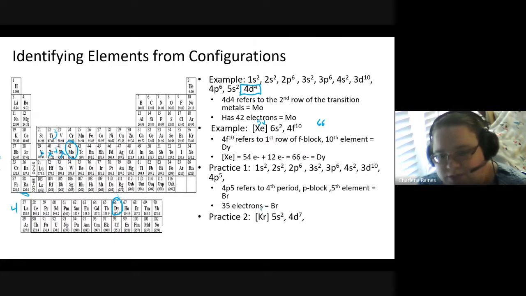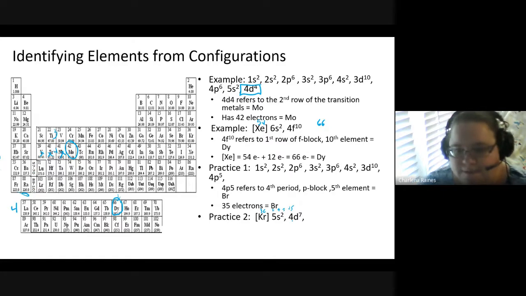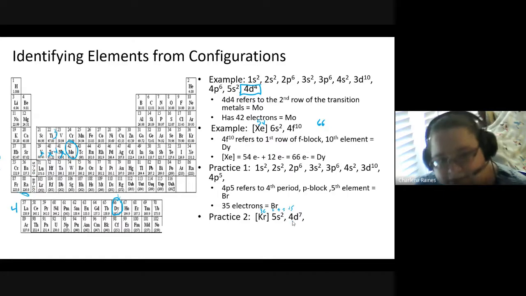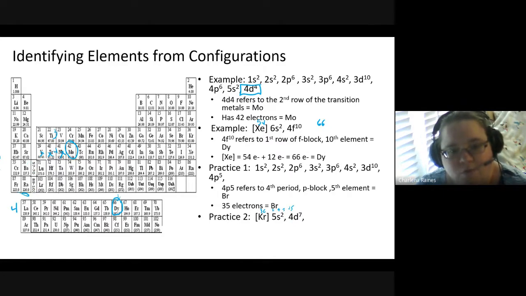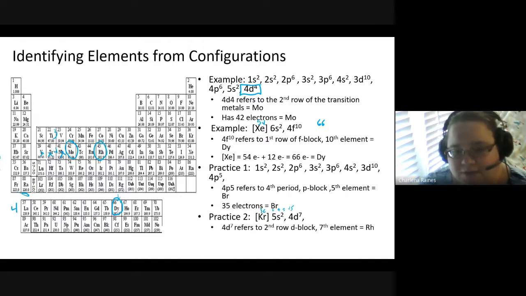So krypton is 36. 36 plus 9 gives me 45. So 4D7 is referring to element number 45, Rh. I believe it's ruthenium. Nope, rhodium. Wrong one, rhodium.